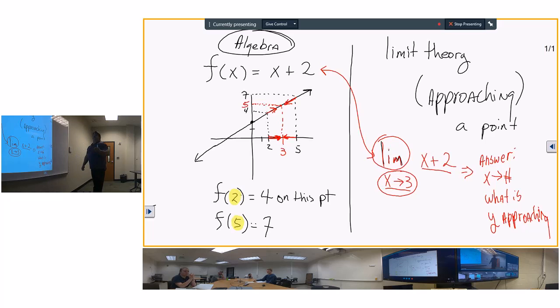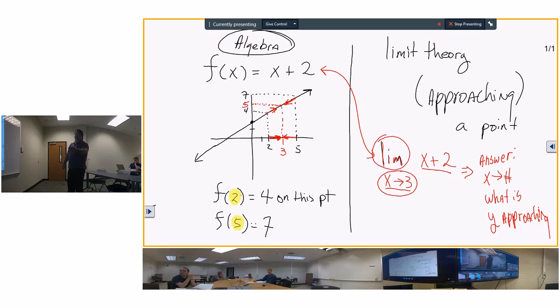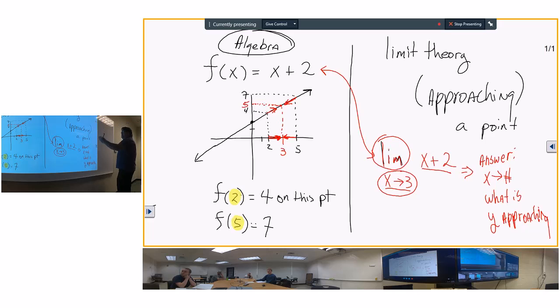That's the difference between the algebra that you grew up with in K through 12 or K through 13, which is Algebra 1, 101, 102, whatever you want to call it, 110, okay? That's the difference between that and the limit theory.